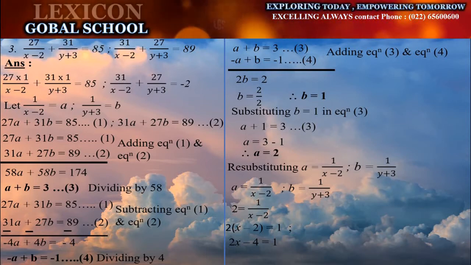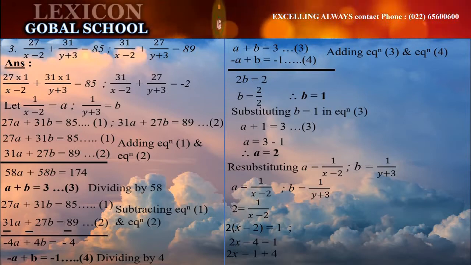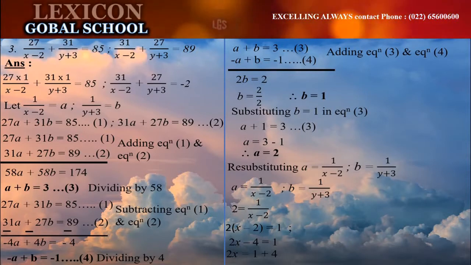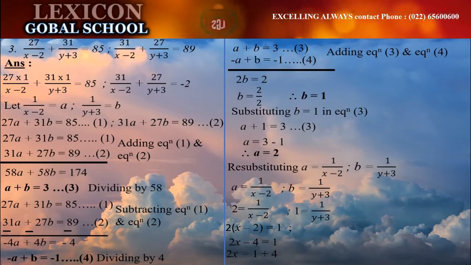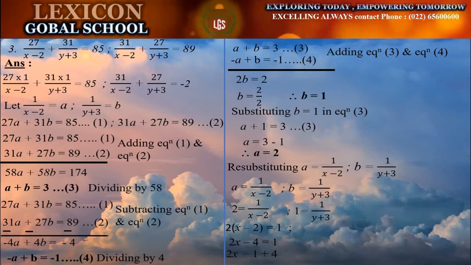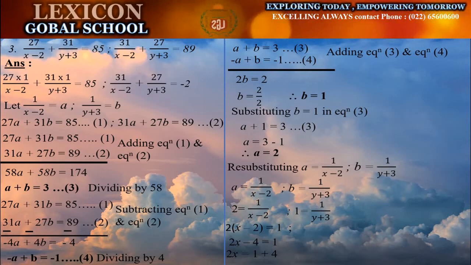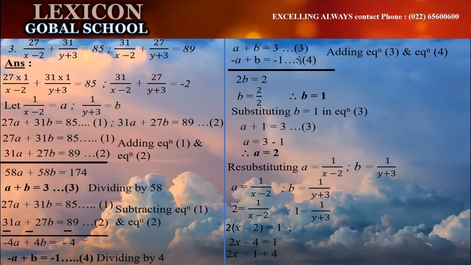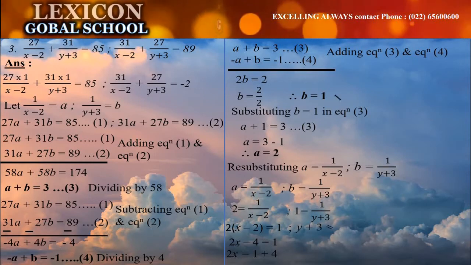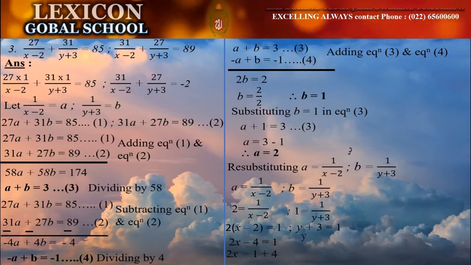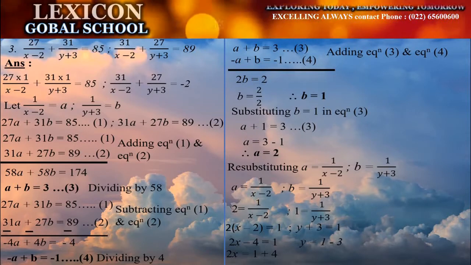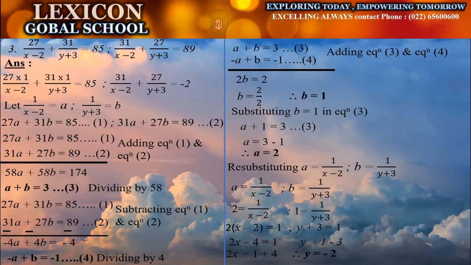So 2x minus 4 is equal to 1, 2x is equal to 1 plus 4. Similarly b, the value of b is 1, 1 upon y plus 3, y plus 3 is equal to 1. y is equal to 1 minus 3. Therefore, the value of y is minus 2.